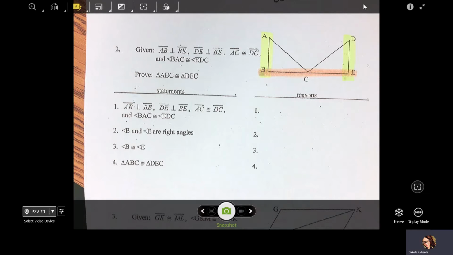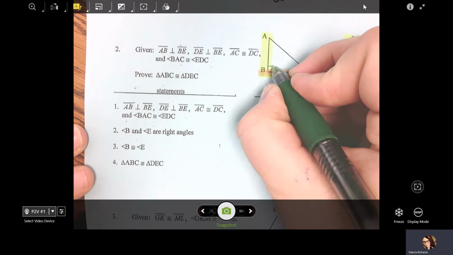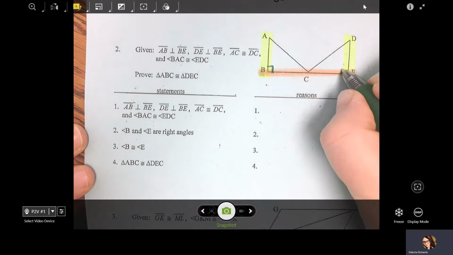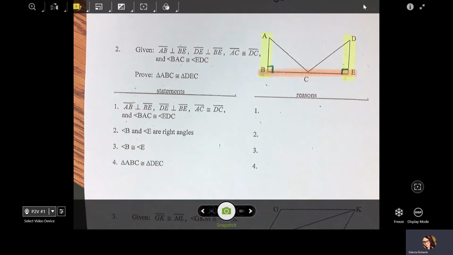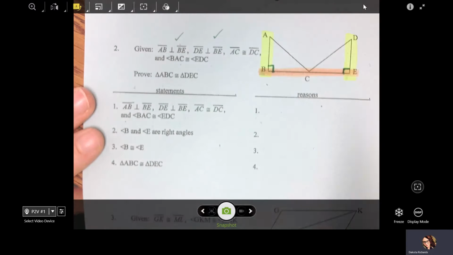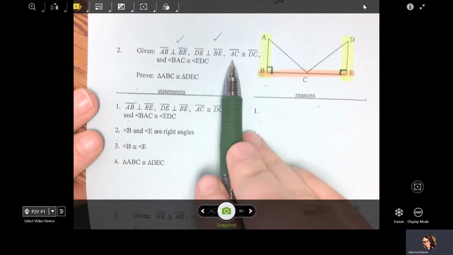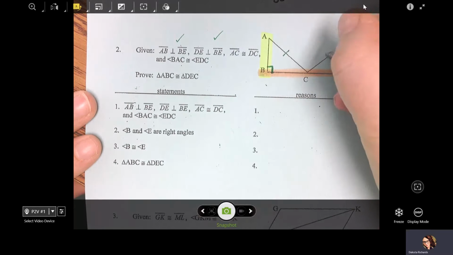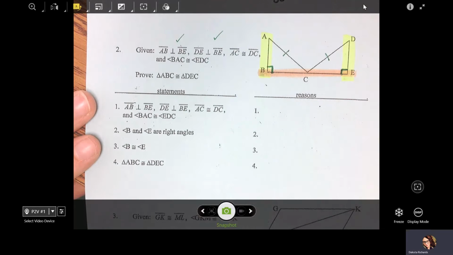When you have perpendicular lines, that creates a right angle. So we're going to have a right angle there, as well as right here. Okay, so we have done that. And next it says AC is congruent to DC. AC and then DC is there.